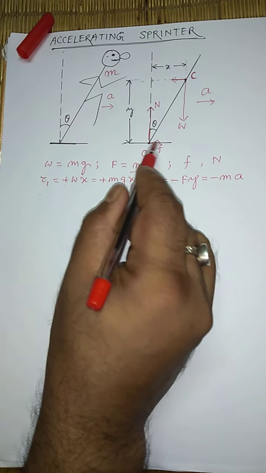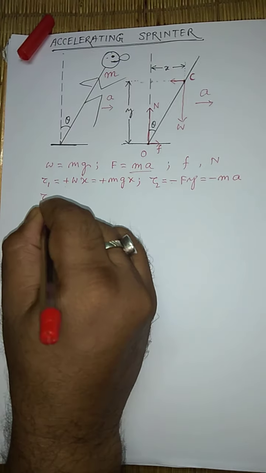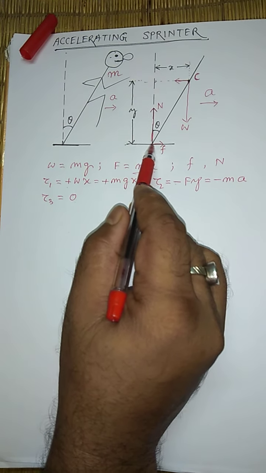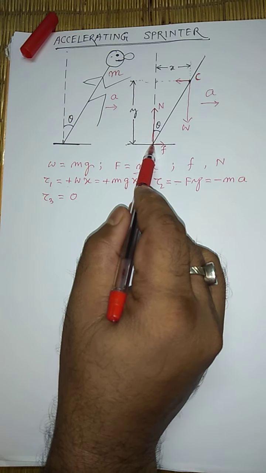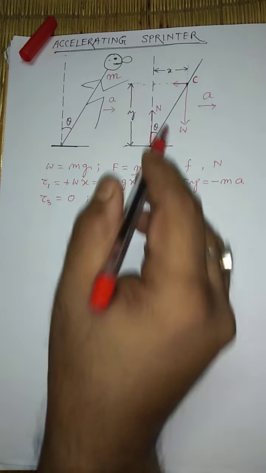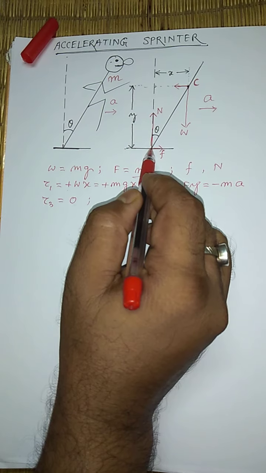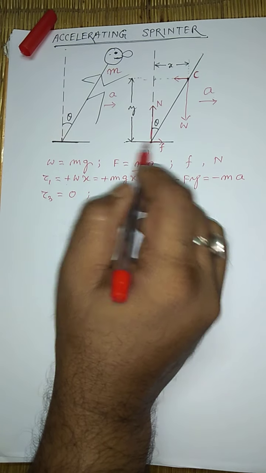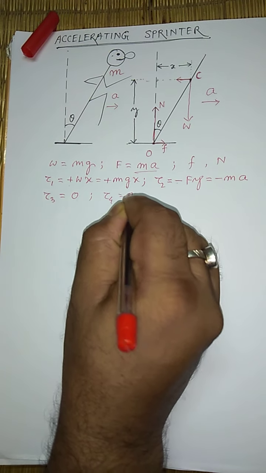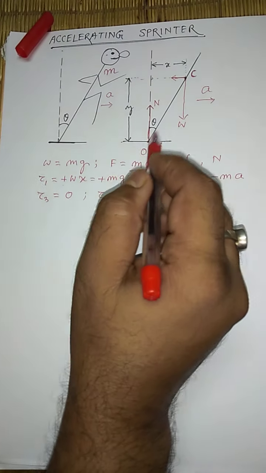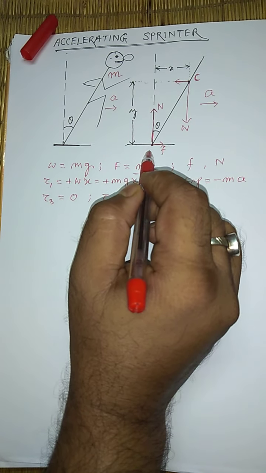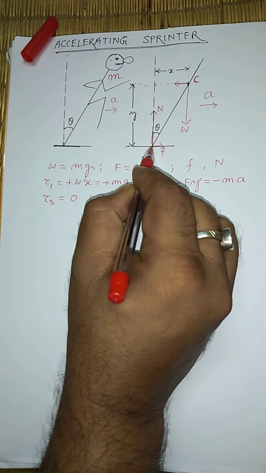The moment of the force of friction is given by tau 3 is equal to 0, since the line of action of the force of friction passes through the point of contact. The moment of the normal force exerted on the sprinter by the ground is also given by tau 4 is equal to 0, since the line of action of the normal force also passes through the point of contact.